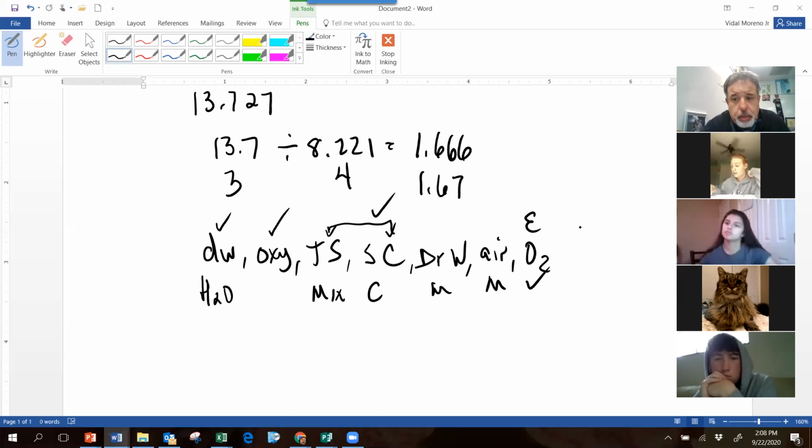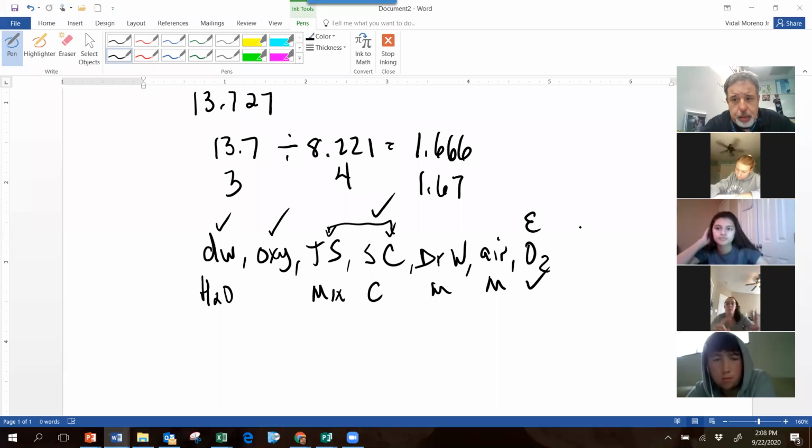Yeah, I didn't realize sodium chloride was a pure substance for some reason. I thought it was just a compound and not a... Compounds and elements are pure substances. Okay. That means that you can break it down all the way to the smallest particle. It's still the same thing. Elements can be broken down and it'll be individual elements of the same type of atom.